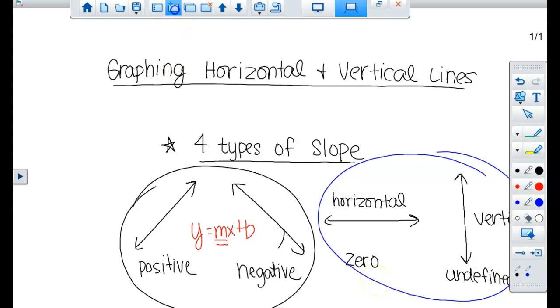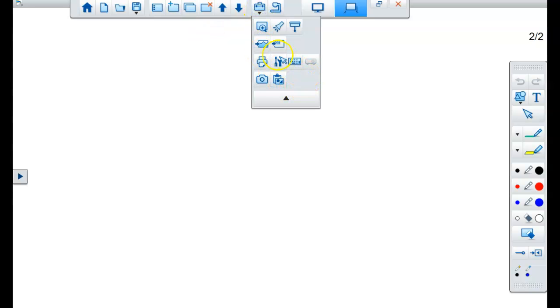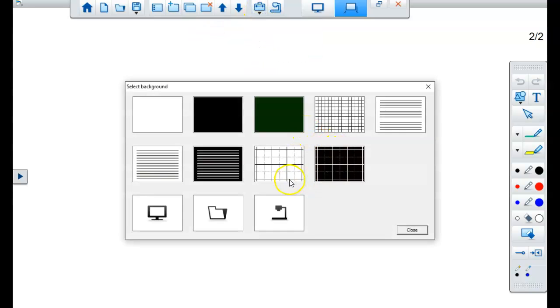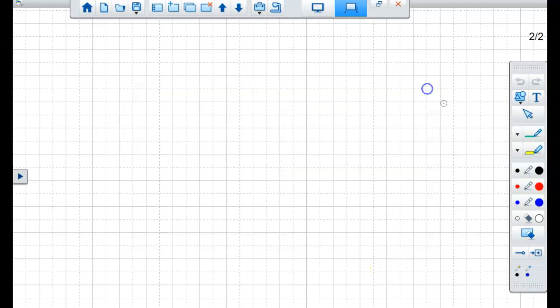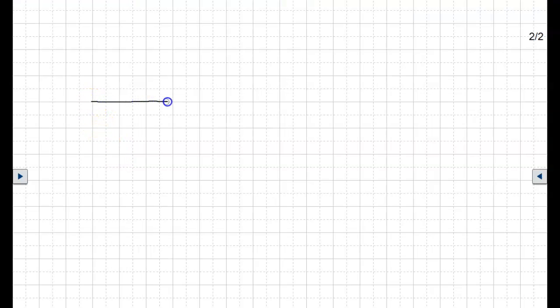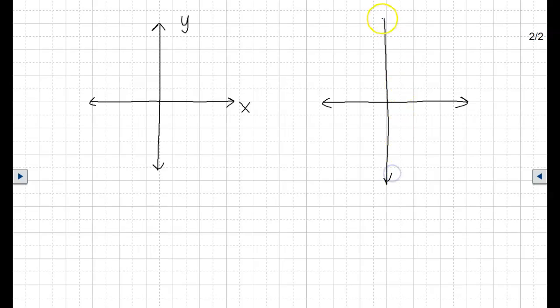All right, so to get us started on this, I think what I'll do is start with some graph paper. And I'm going to take a minute here to draw an x-axis and a y-axis. And then I think I'll come over here right next door and draw another one. Whoops, that's not very straight.